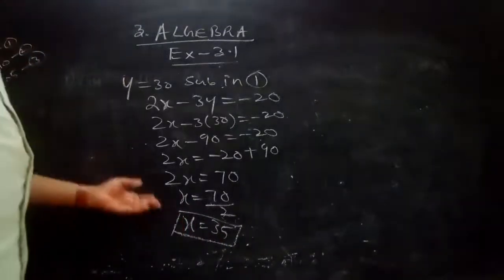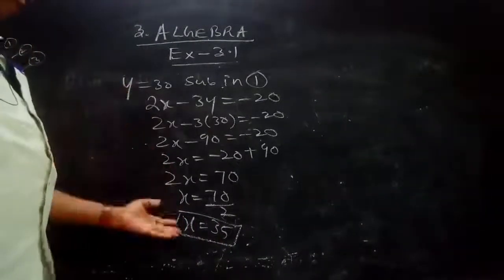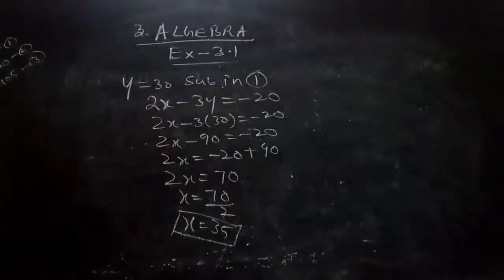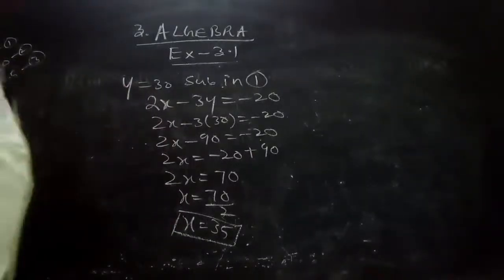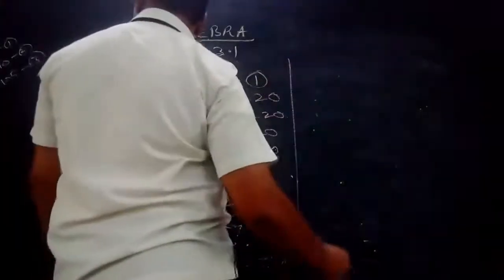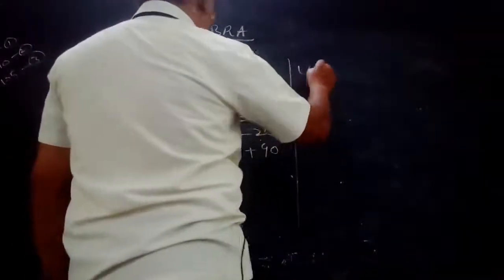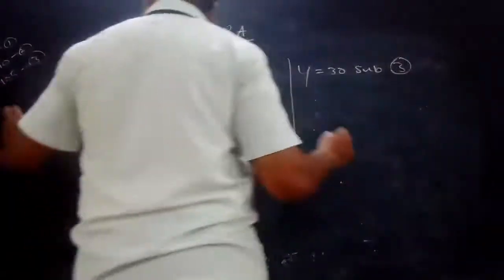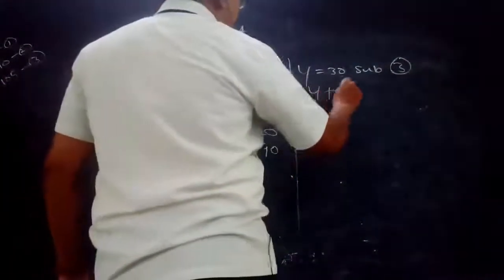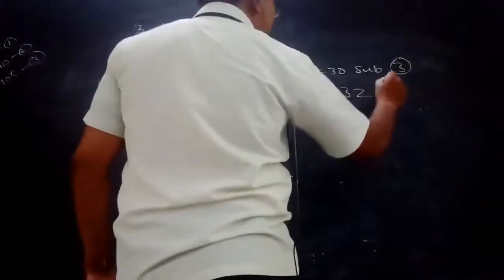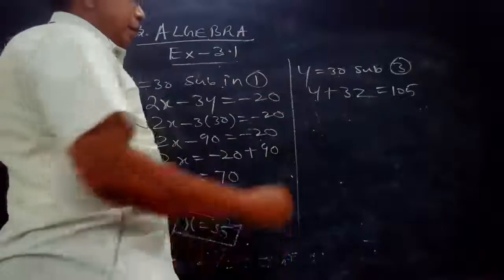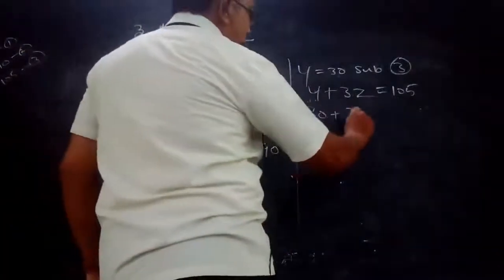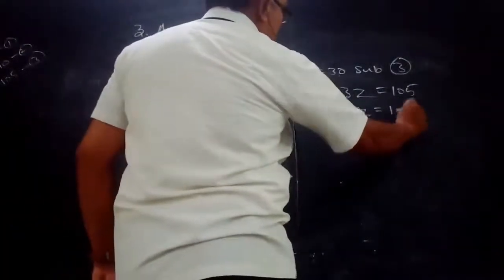Therefore, we found two values, y and x. Next, the third value z we want to find out. I take y equal to 30 and substitute in the third equation, y plus 3z equals 105. Instead of y, I write 30: 30 plus 3z equals 105.